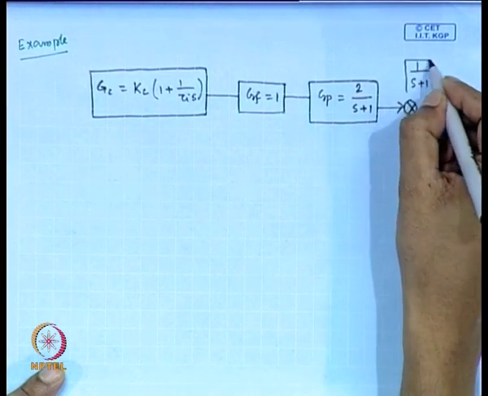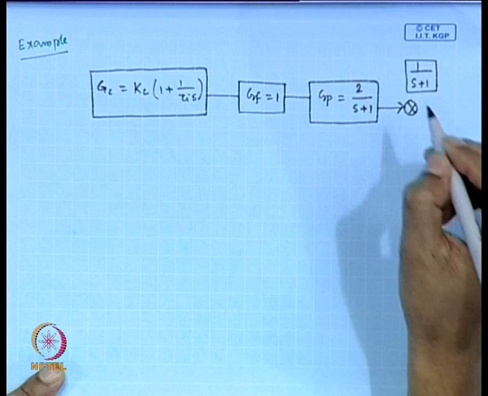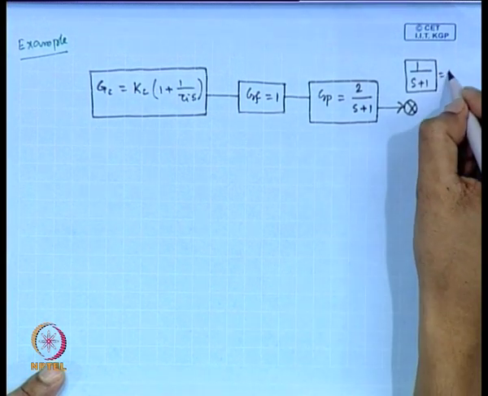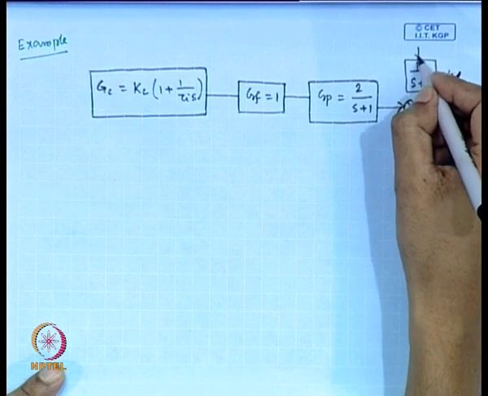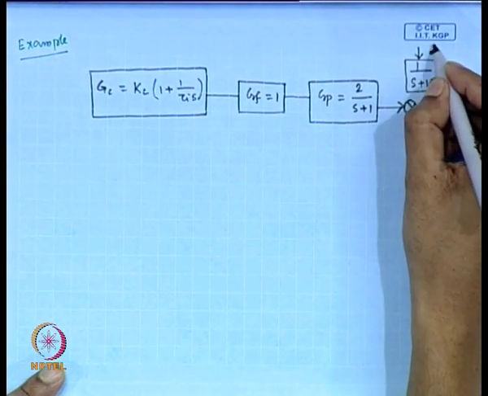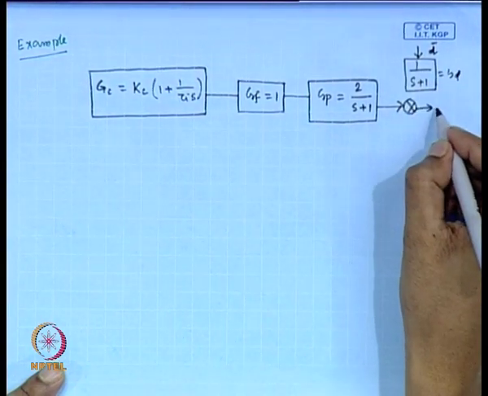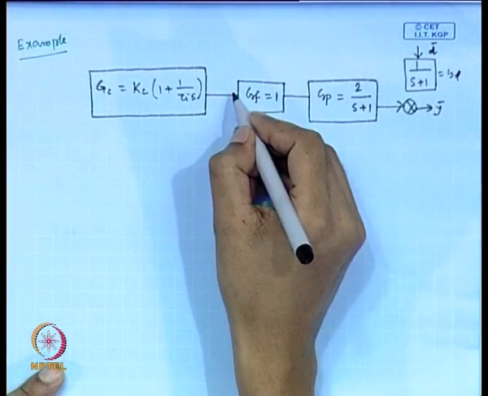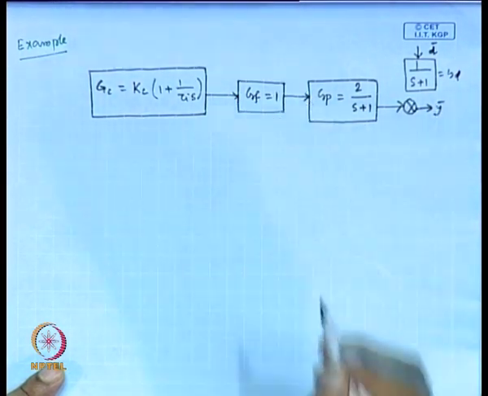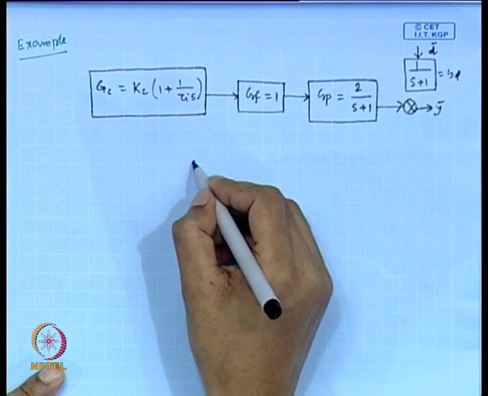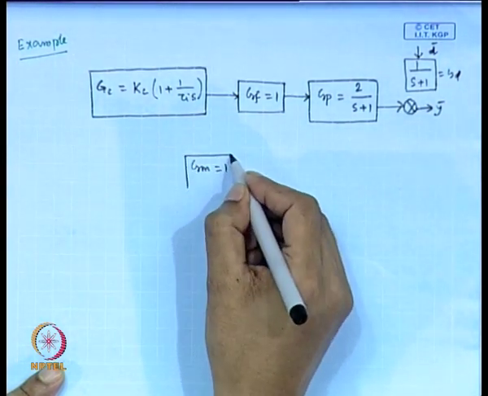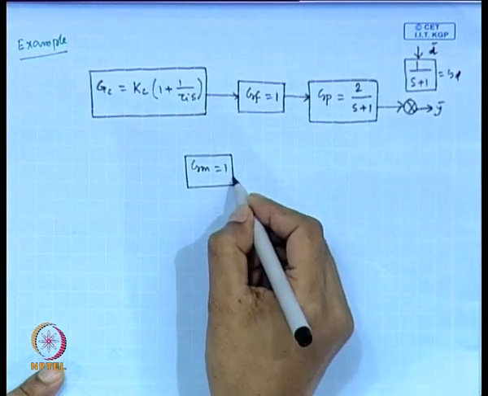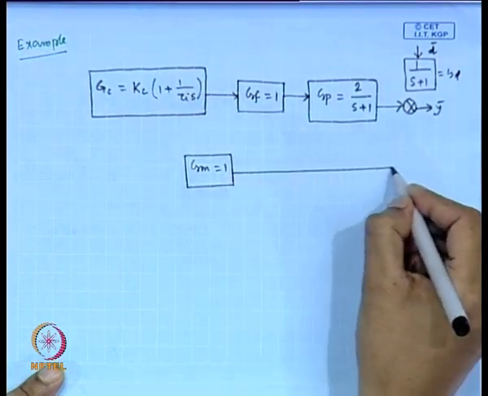This is the disturbance block, this is equals Gd. Output is y bar. For simplicity, again we are considering Gm equals 1.